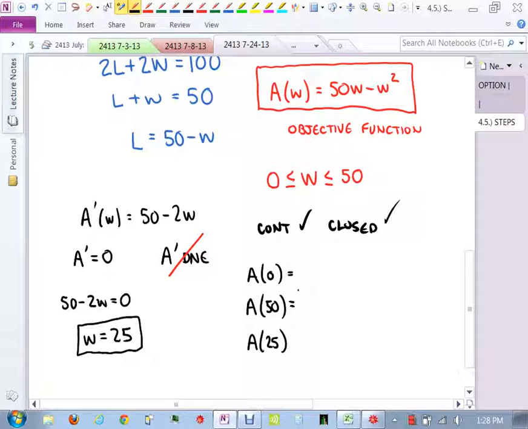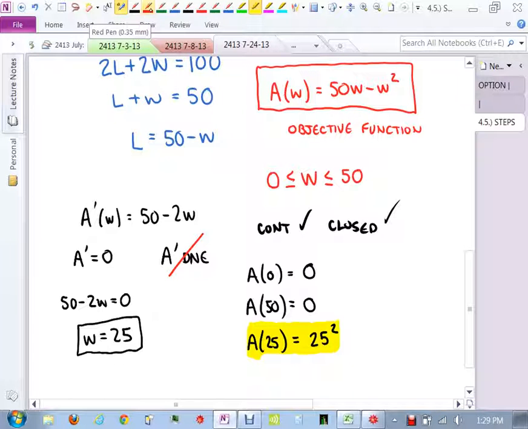I think those are pretty easy to plug in, right? You should get 0 if you plug in 0. You should get 0 if you plug in 50. And you should get 25 squared if you plug in 25. So it's pretty obvious what the maximum area is going to be, right? Where it's going to come from? 25.